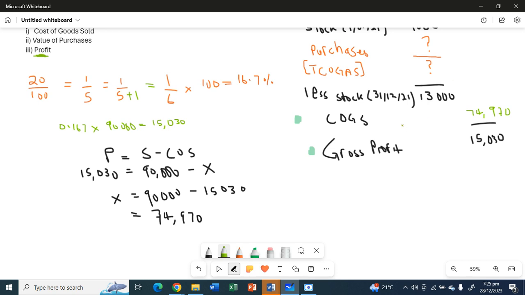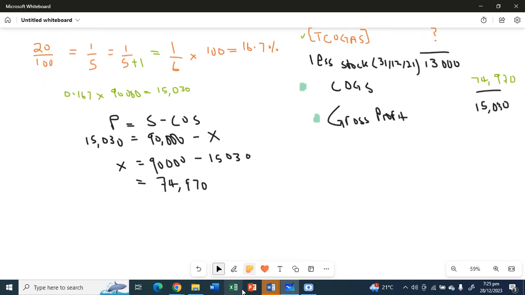Our cost of goods sold, 74,970. Next, we need to get our total cost of goods available for sale. Remember, total cost of goods available for sale minus closing stock gives you your cost of goods sold. So this is the formula you need to make.